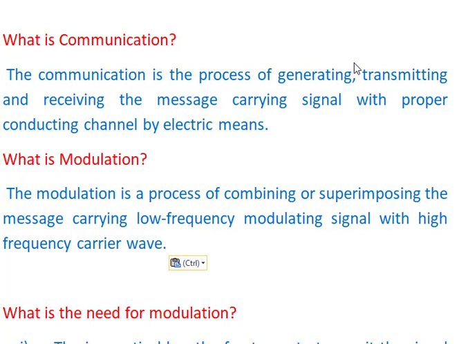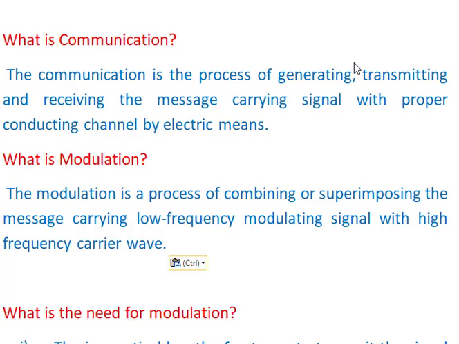Suppose we make music or talk into a mic, the sound energy is converted into electrical energy. The electrical energy is in the form of some waves. This wave is known as the modulating signal. It is a low frequency modulating signal.